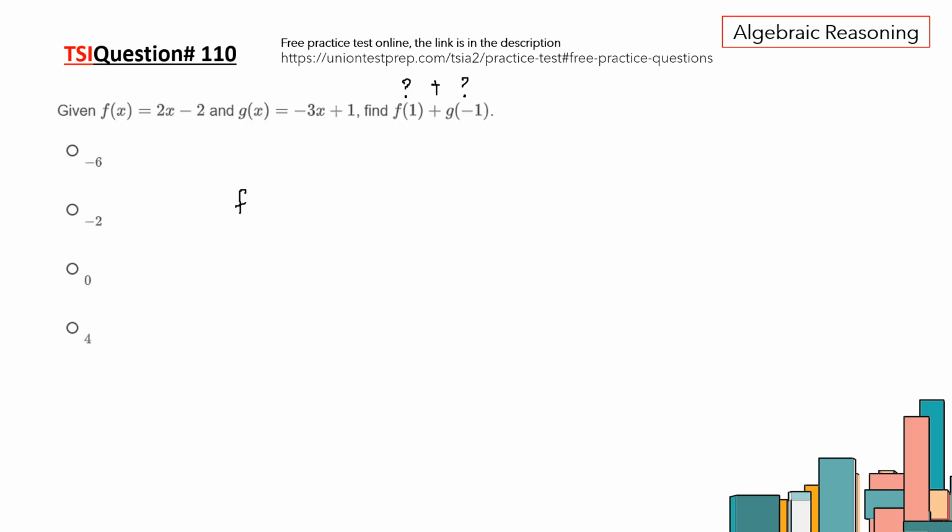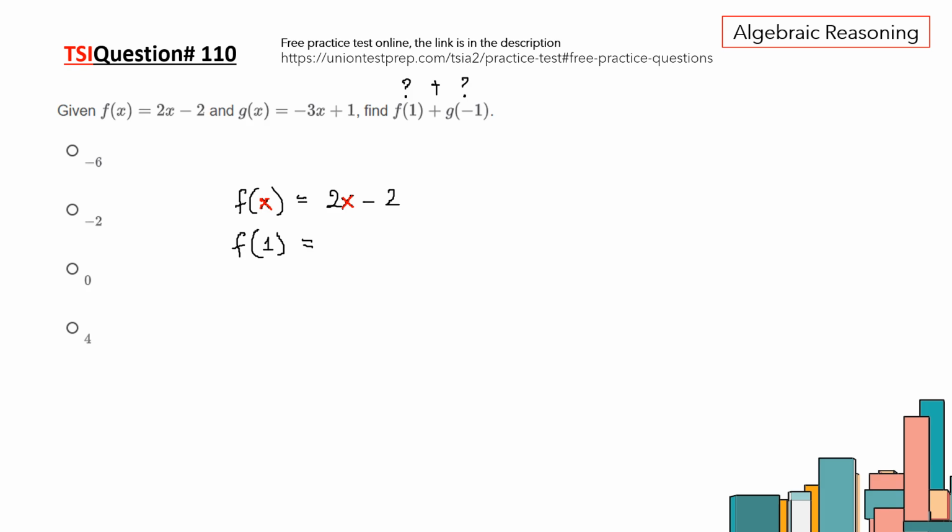So we have f of x that equals 2x minus 2, and then they're asking what is f of 1. As you see x right here, that is the function. F stands for function of x.